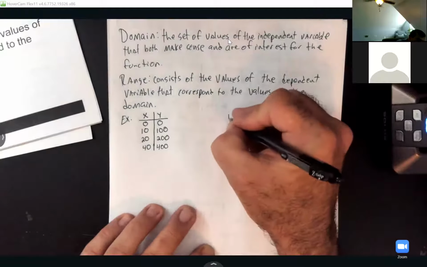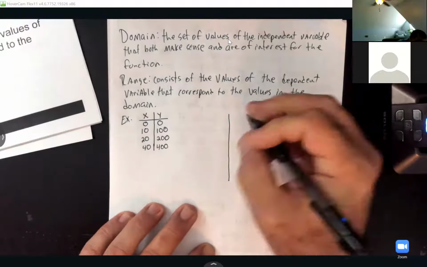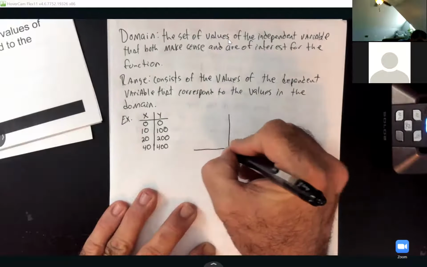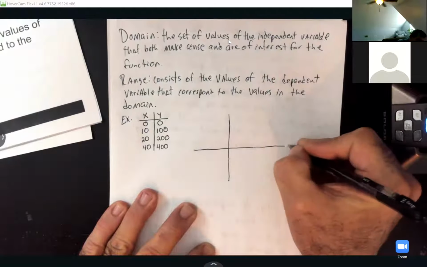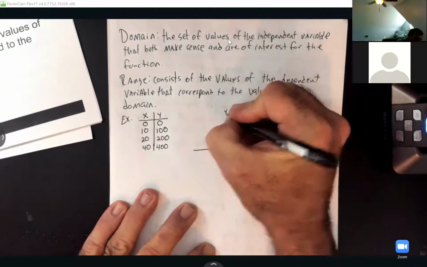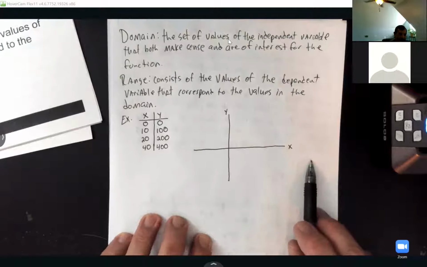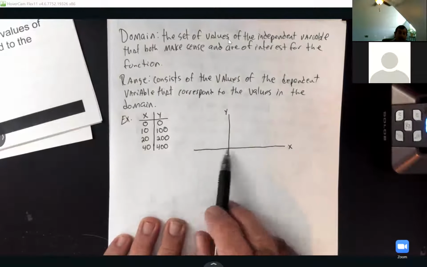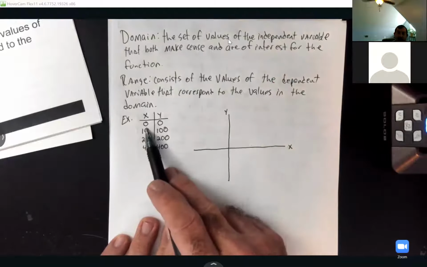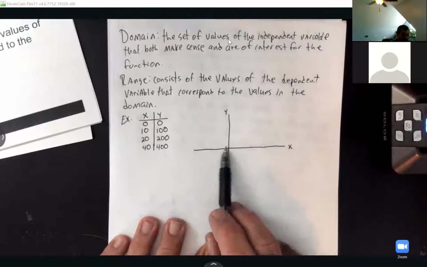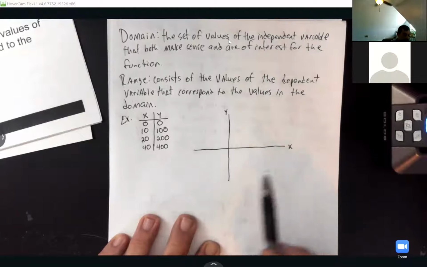Now, if we were wanting to look at that on a graph, there'd be my X's and my Y's. So my domain is going to go on the X-axis. I don't really need any negative numbers because I can't do negative time. So I'm not going to work with the negative side.